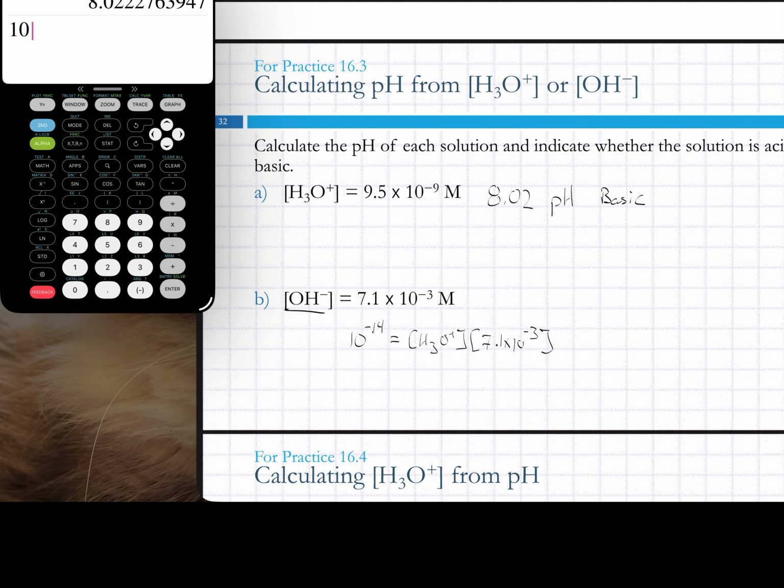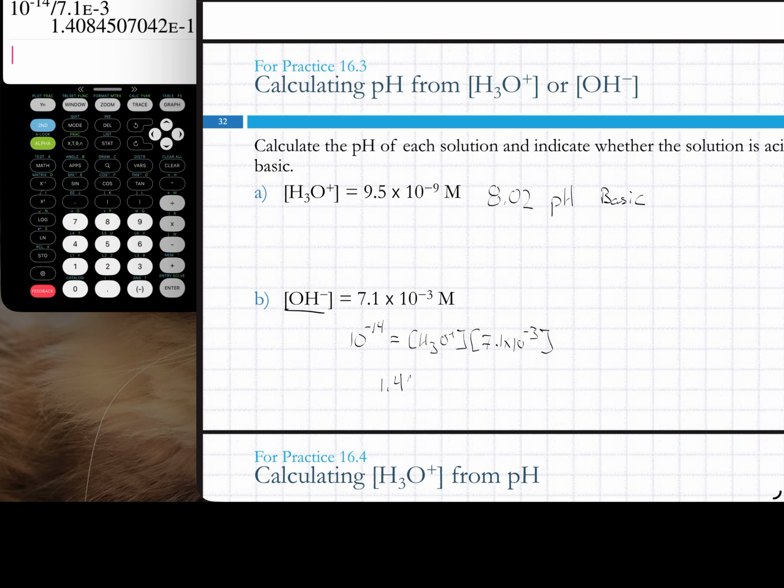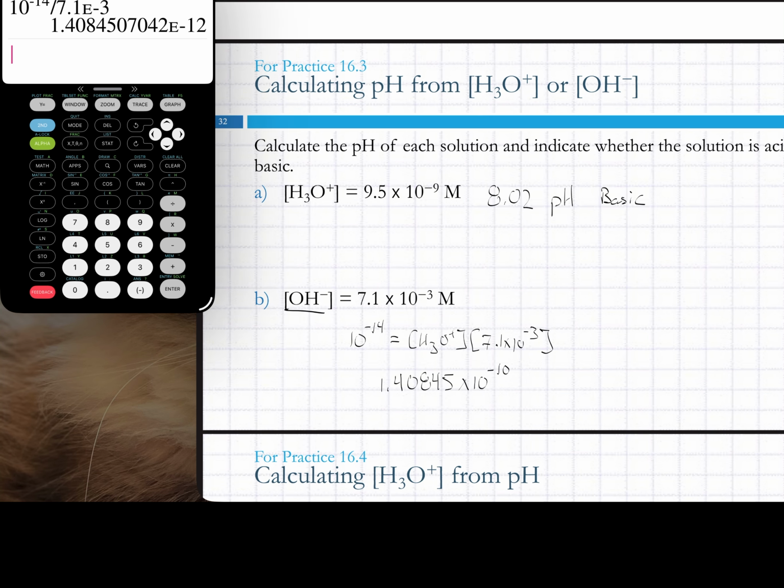So 10 to the negative 14 divided by 7.1 e to the negative 3. That's real small. I believe I said 10. Nope, 12.